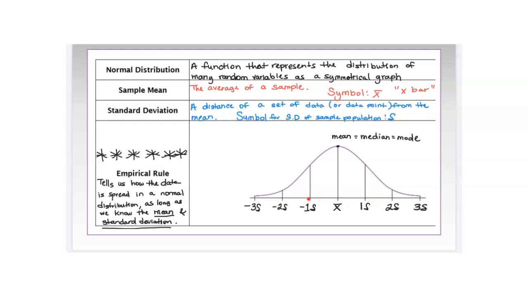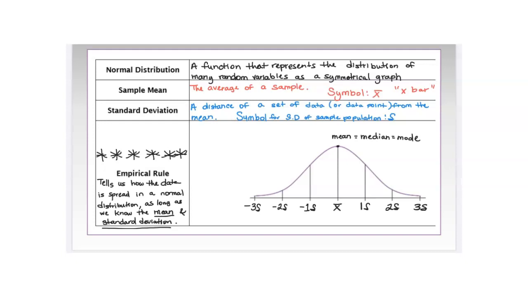Or 1 step to the left, 2 steps to the left, 3 steps to the left. So if you want to think about it like that, that's fine. But just know that these are 1 standard deviation to the left, 2 standard deviations to the left, and so on and so forth. So that's just the vocabulary to use mathematically. But if it helps you to think about them as steps, perfectly fine.